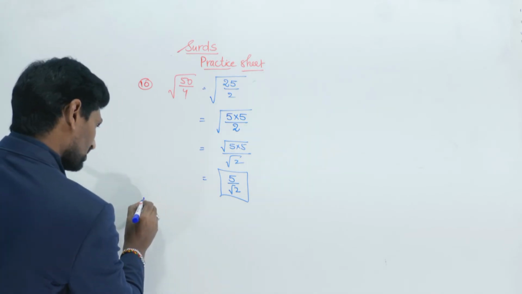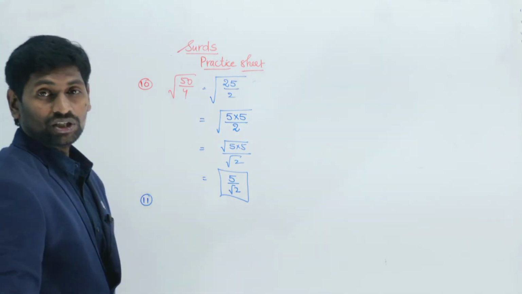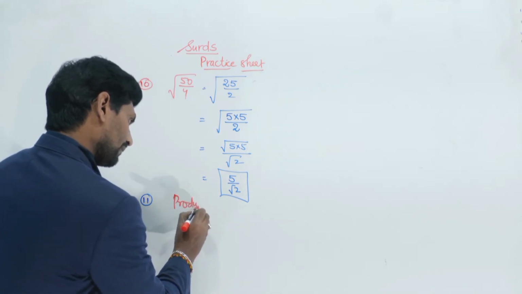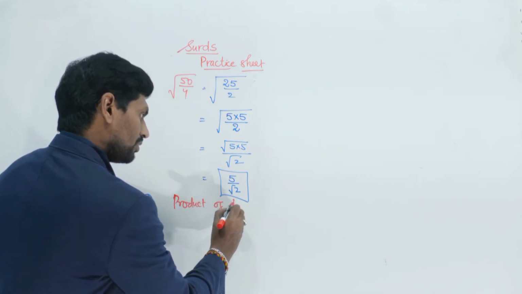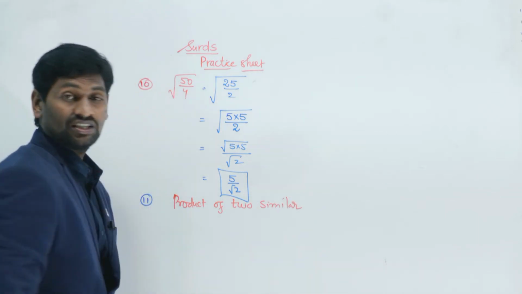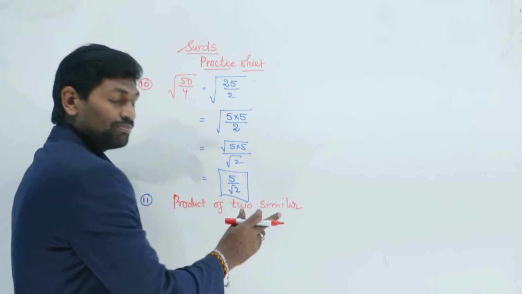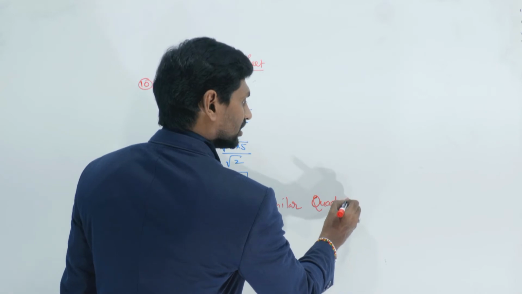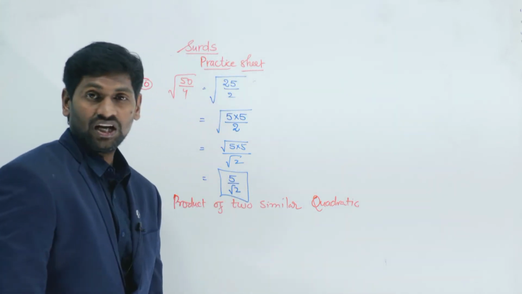Let us see this. Question number 11. Product of two similar quadratic surds. Quadratic surd means order 2.